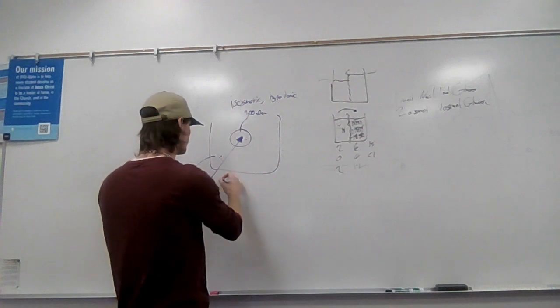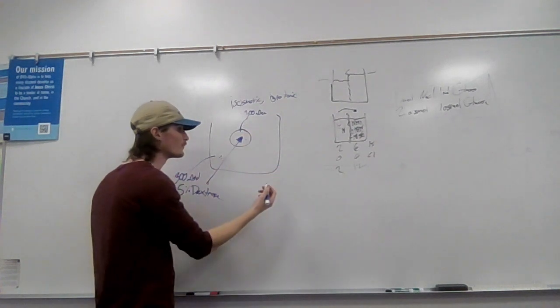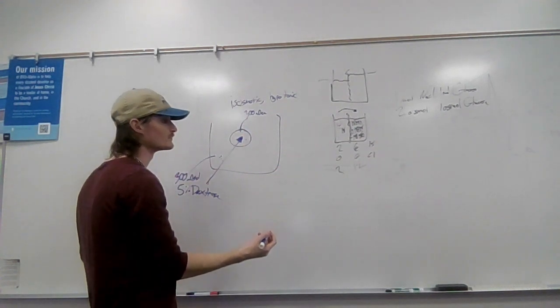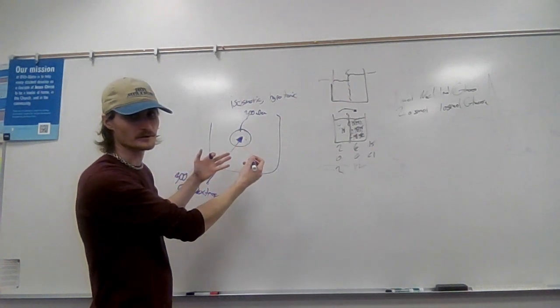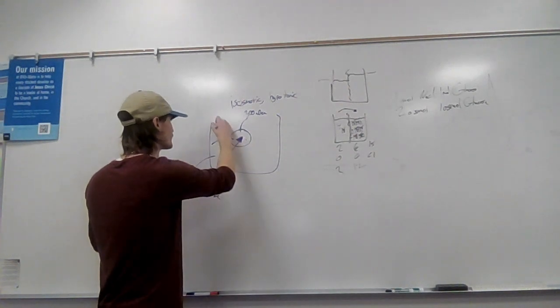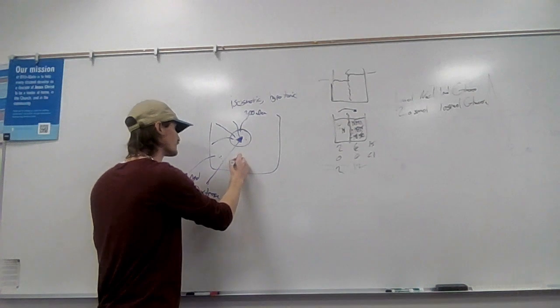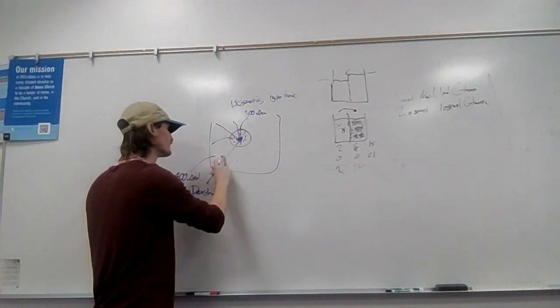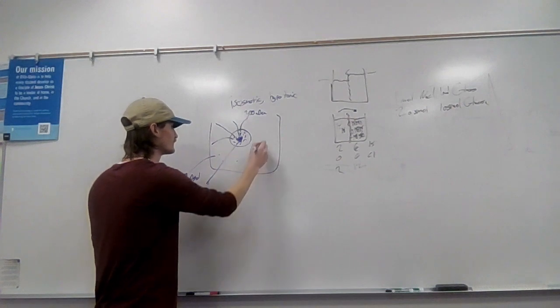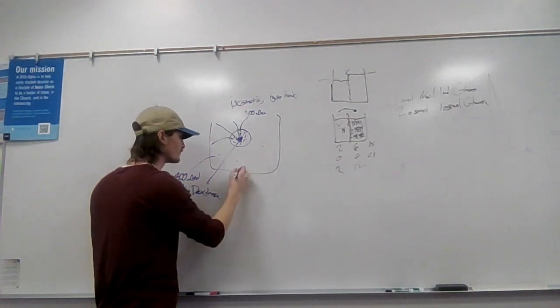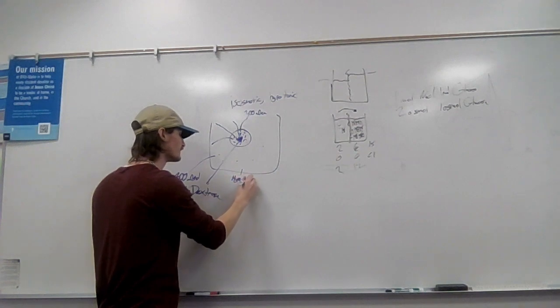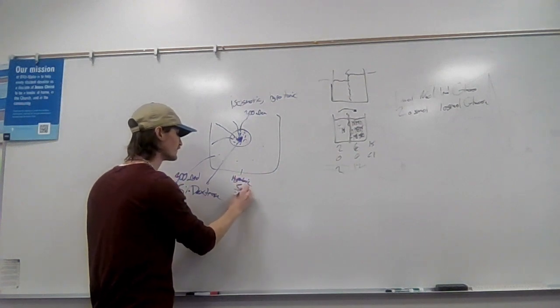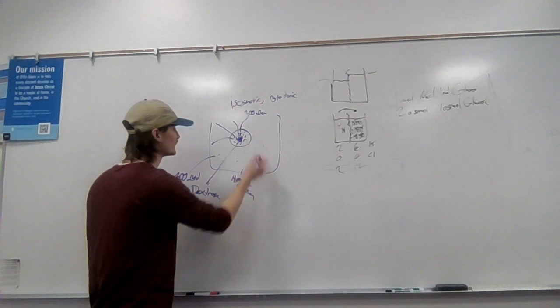And because it has more particles, more water is going to want to go to where the particles are. So water is going to rush into the cell, meaning the solution has fewer particles as opposed to the cell. And so there's also going to be less water, meaning this is going to be a hypotonic solution compared to the cell.